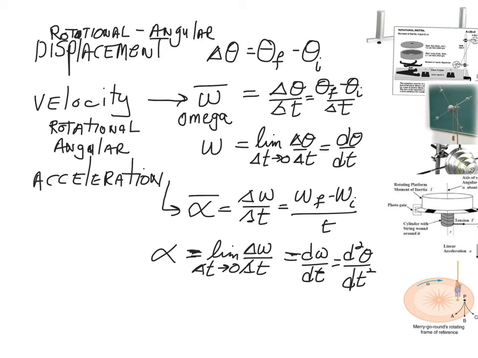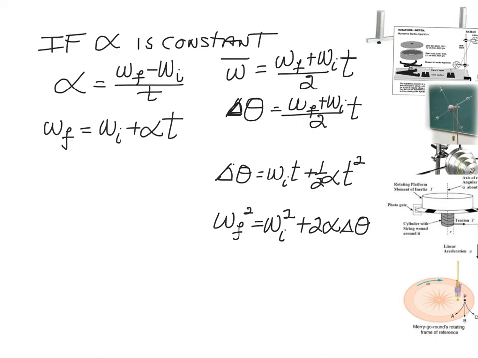So from these, especially using this one and this one, we can derive, as we did previously, 4 working equations of motion, and I'm going to show you those now. Okay, here are our working 4 kinematics equations. So this is only true for the case where alpha, the angular acceleration, is constant.